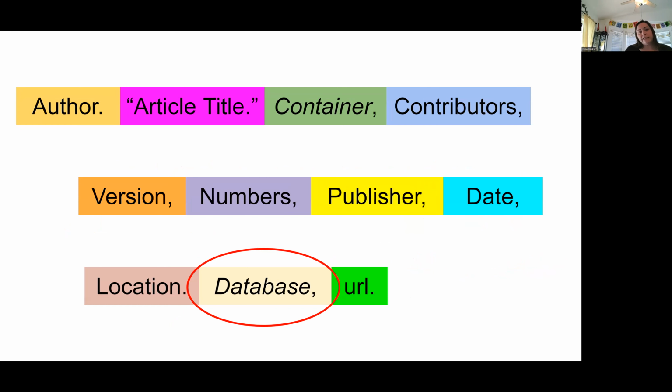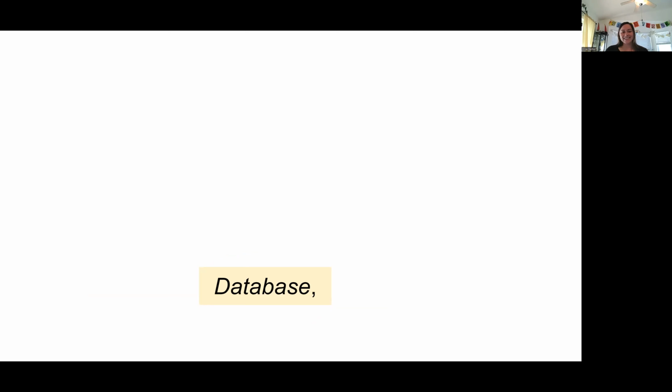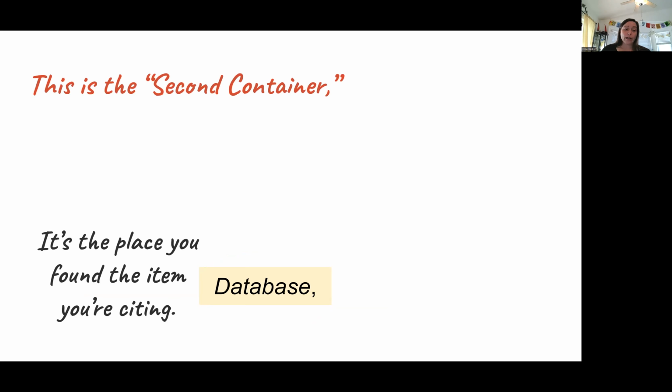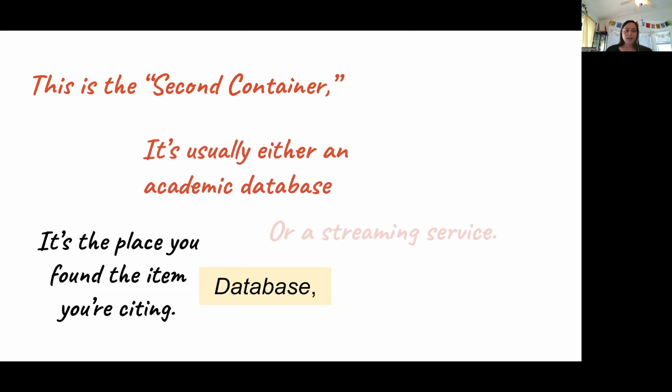Okay, the last two pieces are if the thing that you found it contained within a bigger thing. So these are usually academic library databases or streaming services. So this is what we call the second container. It's the place you found the item that you're citing. Like I said, it's usually an academic database that you got from a library or a streaming service.